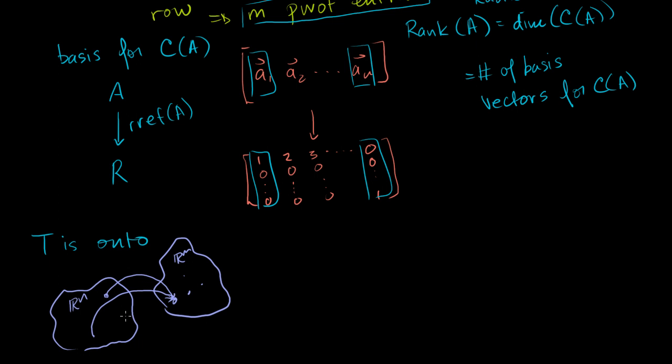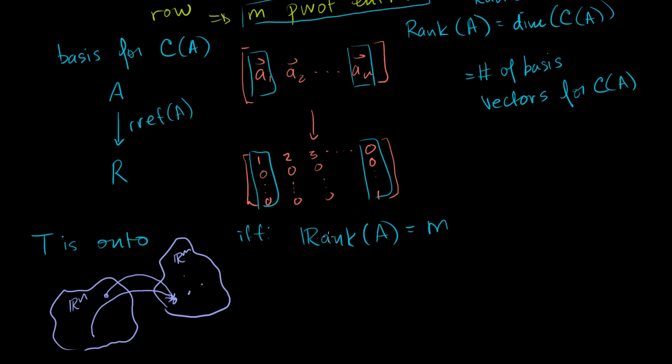We're not even talking about one-to-one yet. So we say that T is onto if and only if the rank of its transformation matrix A is equal to m. So that was the big takeaway of this video.